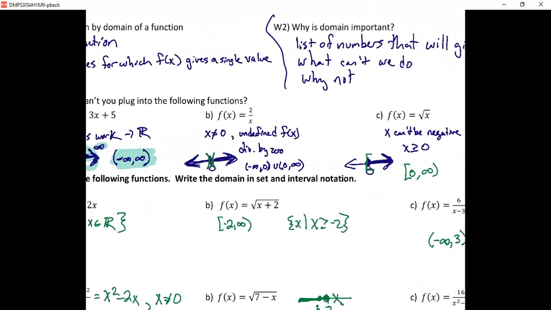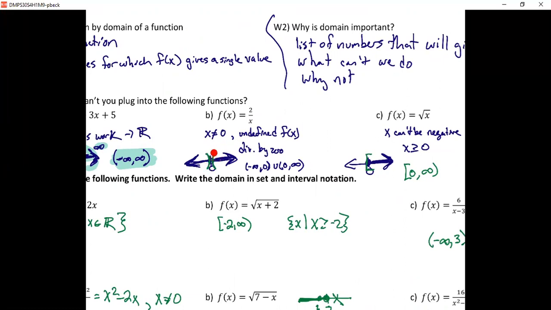For part B, 2 over x, this is a rational function, and rational functions have issues when your denominator is 0. So I like to set my denominator equal to 0 and then solve from there. When it comes to this inequality, x is not allowed to equal 0, so if you can tell here, there's an open dot.